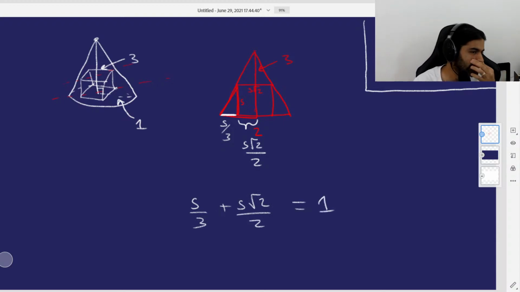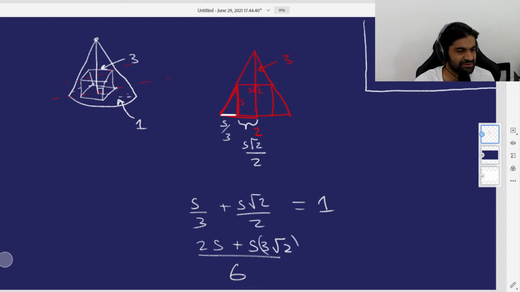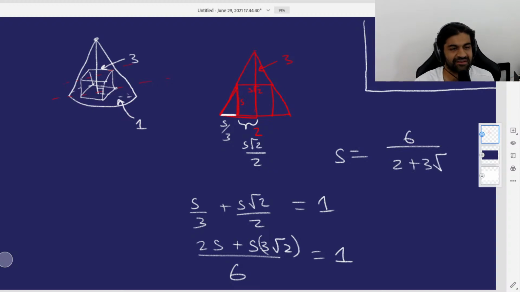That allows you to essentially solve for s. So now the denominator is 6. This is 2s plus s times 3 root 2 is equal to 1. So s is in fact 6 over 2 plus 3 root 2.